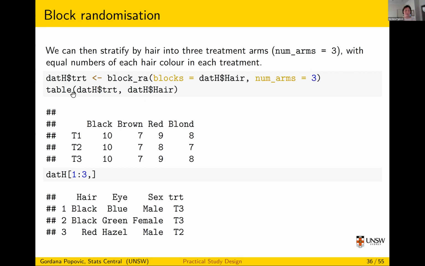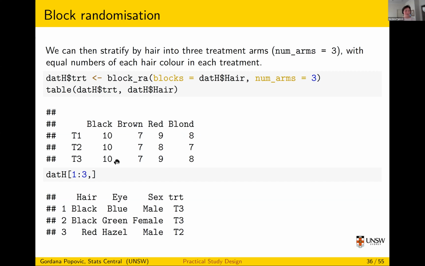And then when we do that and look at a table of the treatment by hair color, we can see that now we've allocated 10 people with black hair to each of the 3 treatments. There was not quite an even number of blonde people, so there are 8 in this group, 7, 8, but they're basically equally allocated to the treatments.